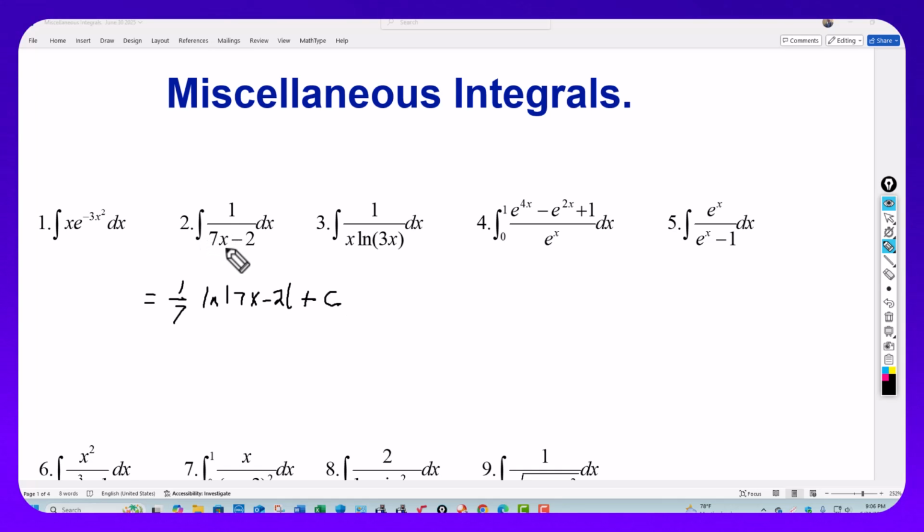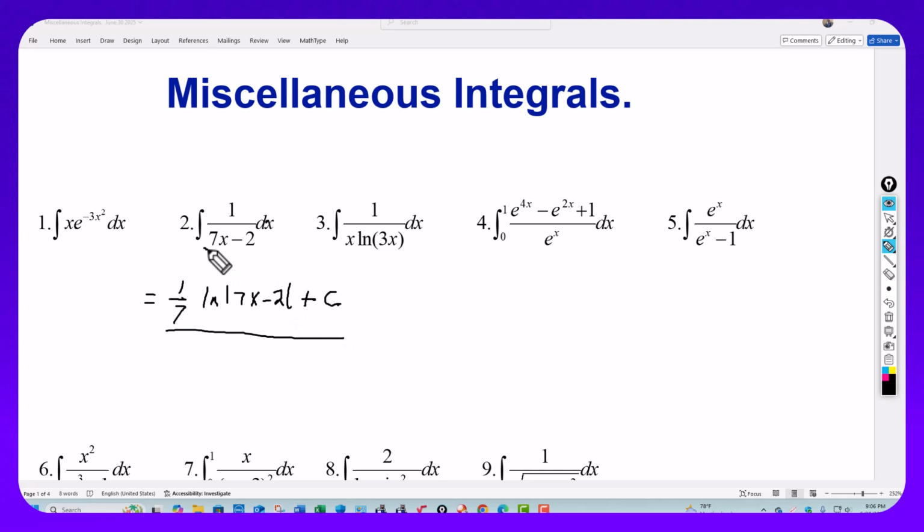So again, basic u substitution. You let u equal 7x minus 2. Then du would be 7 dx. This becomes a du, and this is a u here. And you've got it in terms of du, pretty much like number 1, except the u is in the denominator instead of an exponent. But there's your answer for number 2.